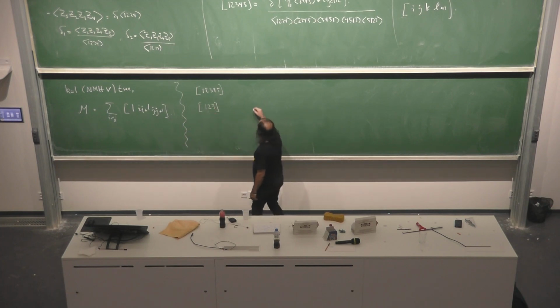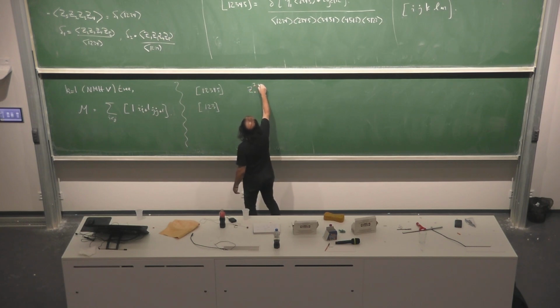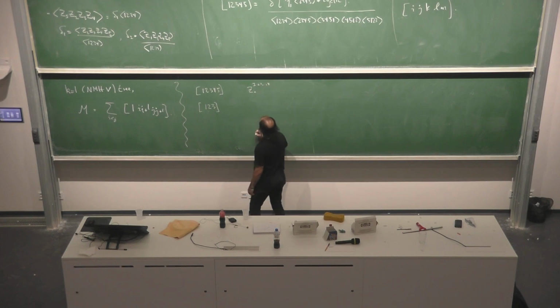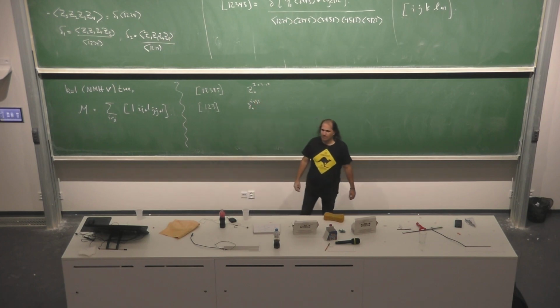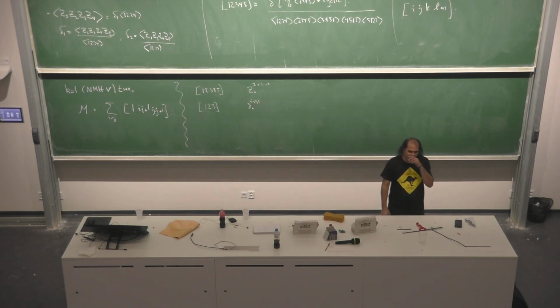And my z's, instead of being z at I equals 4 vectors, are going to be little z's, little i's, which are just 2 vectors. Okay?